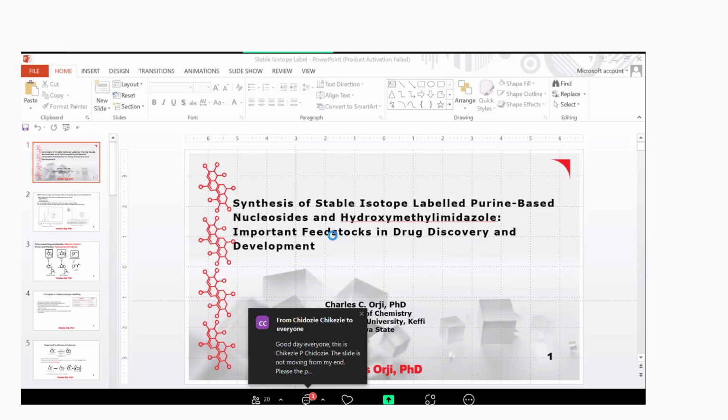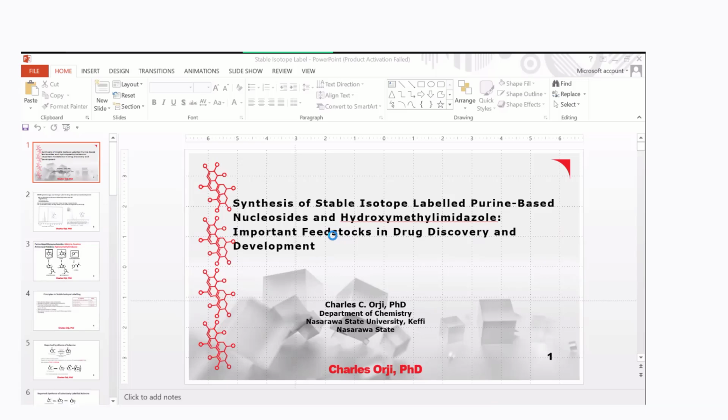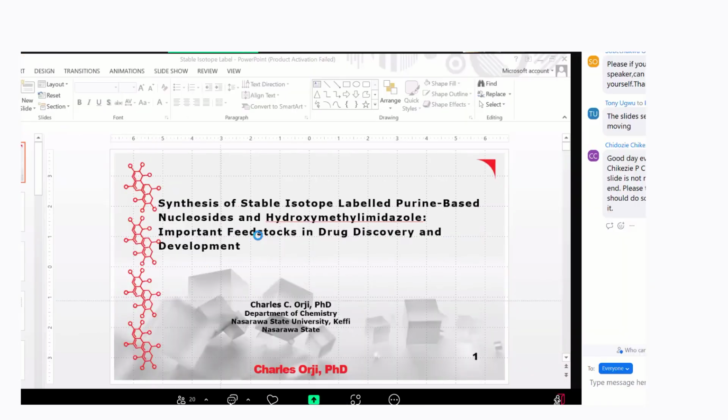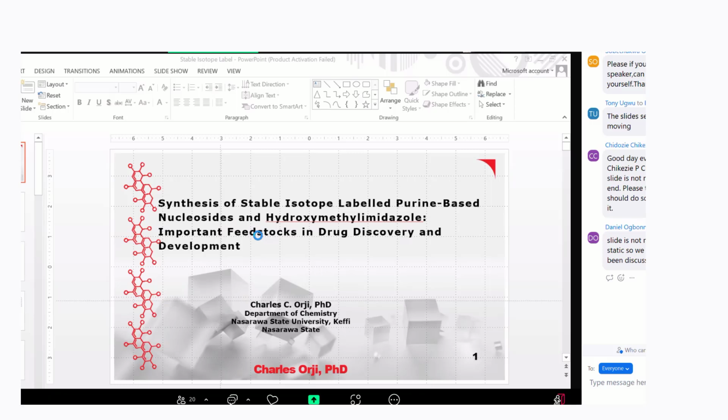So we need not only the particular isotope, but also the various positions. That synthesis has to be robust enough that anyone who asks for it can be provided. And again, it must be efficient. A lot of the chemistry has been worked out except for this ring closure. And that was what occupied my effort then.